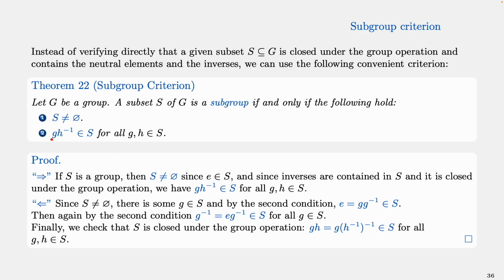And now we use the second property here for h replaced by h inverse to conclude that this is an element in S. So in other words, the product of any two elements from S is again in S, and that means S is closed under the group operation, and thereby with all three together, e being contained in S, the inverses being contained in S, and S being closed under the group operation, it has to be a subgroup. That concludes our proof.